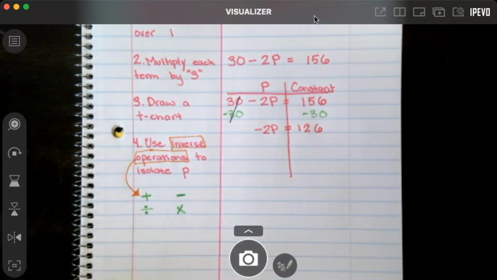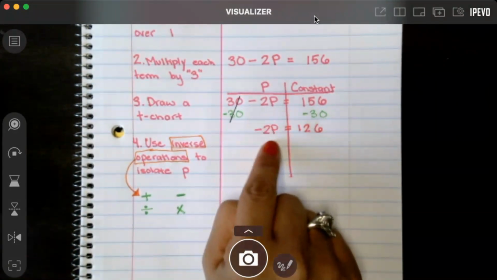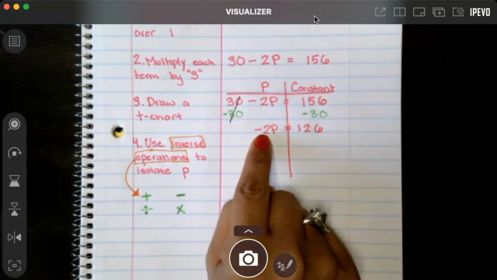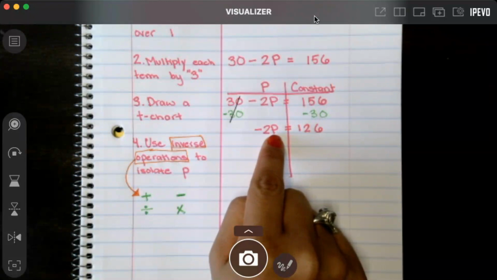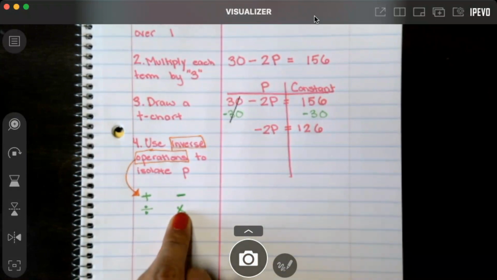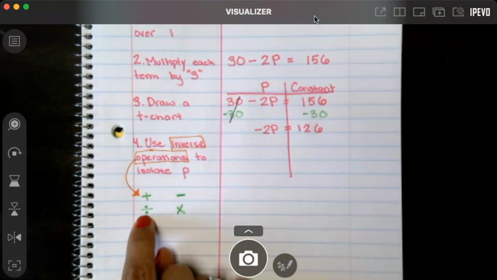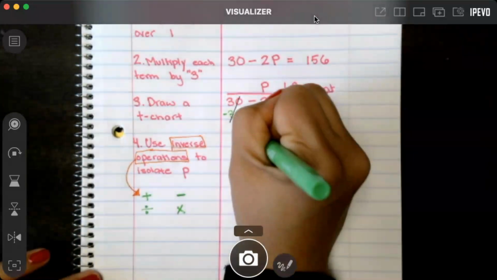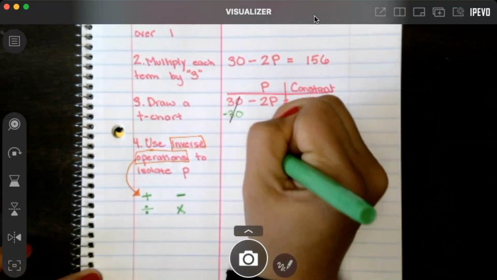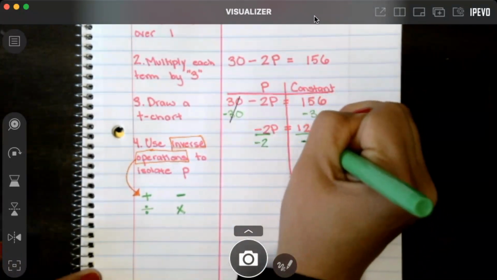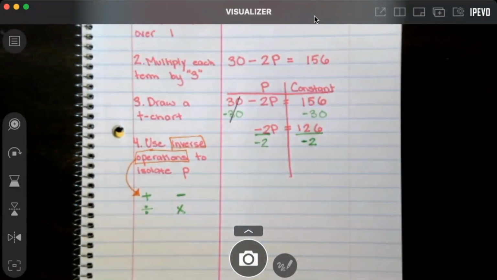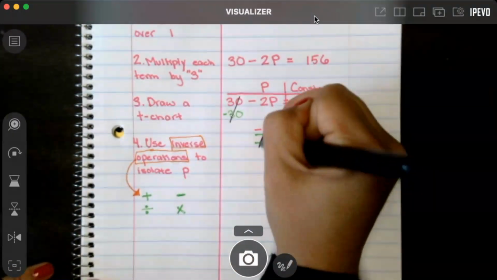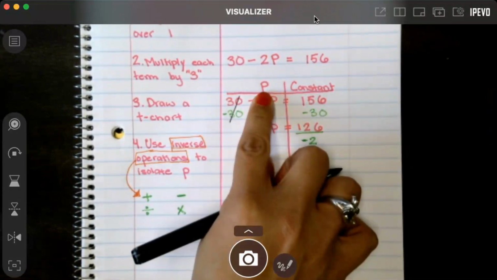All right, now what's keeping p from being by itself? Well, just the negative 2. So what we have here is negative 2 times p. This is multiplication. What would undo multiplication? Division. So we are going to divide both sides by negative 2. And why? Well, when we divide by negative 2, these cancel out, and we're just left with p, which is what we wanted, right?